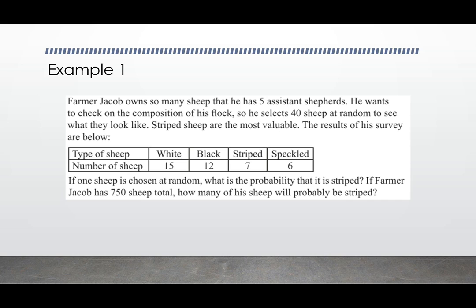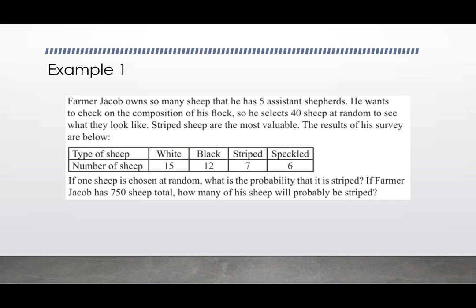So we have types of sheep: white, black, striped, and speckled. And then we have the number of sheep: 15 white, 12 black, 7 striped, and 6 speckled. If one sheep is chosen at random, what is the probability that it is striped? If Farmer Jacob has 750 sheep in total, how many of his sheep will probably be striped?